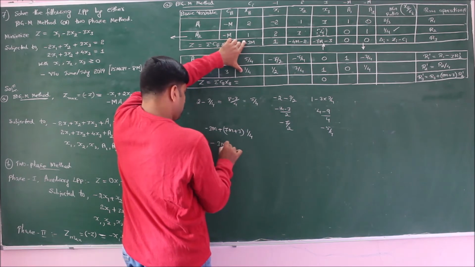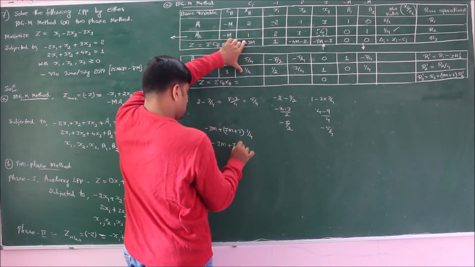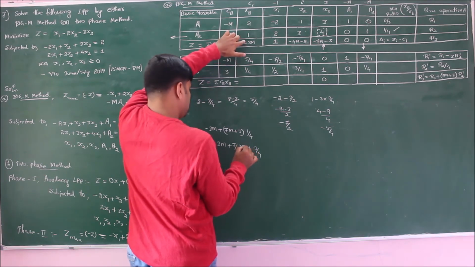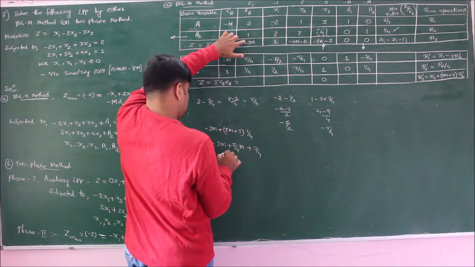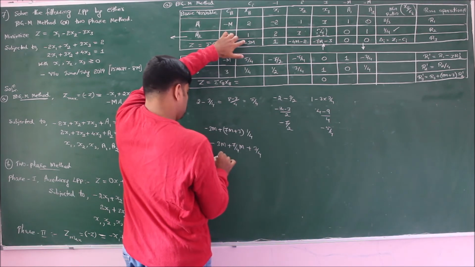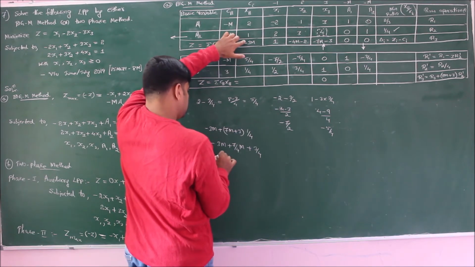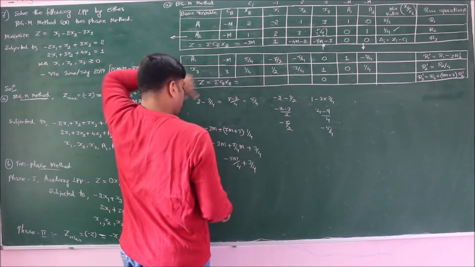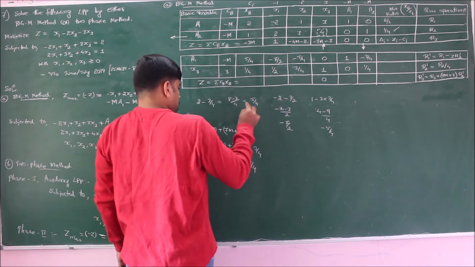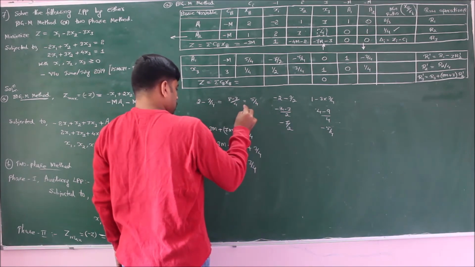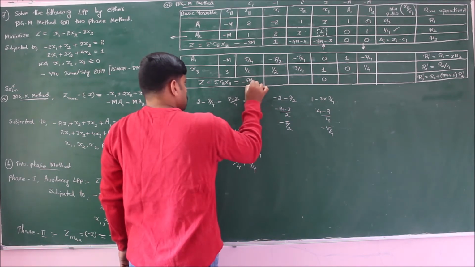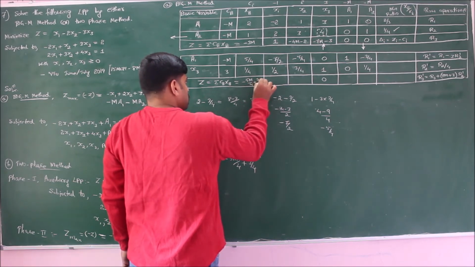So minus 3m plus 7 by 4 m plus 3 by 4, it will become minus 12 plus 7 is minus 5m by 4 plus 3 by 4.